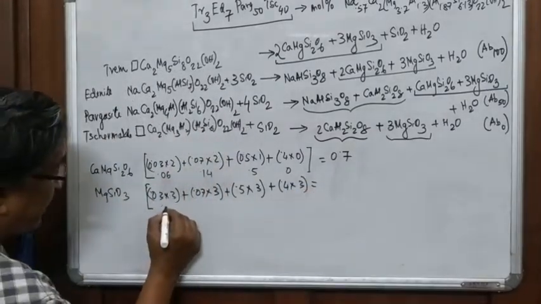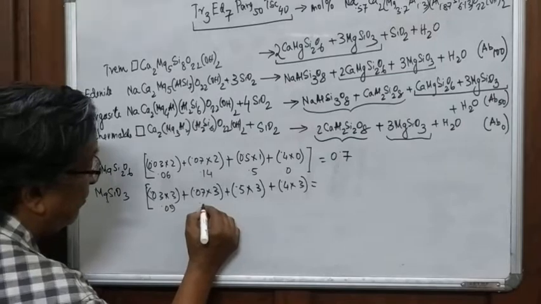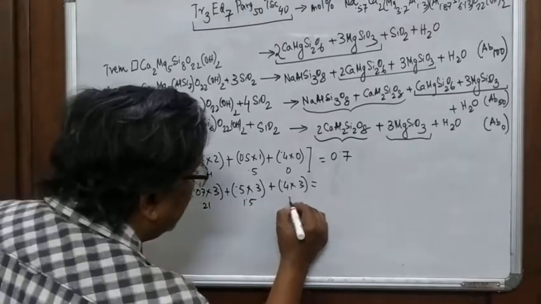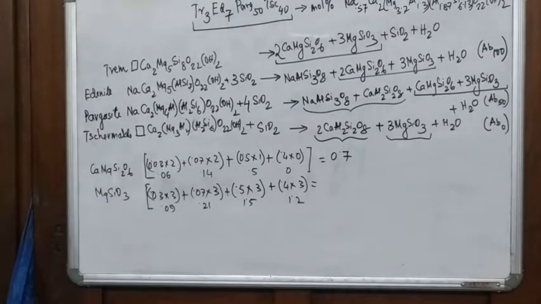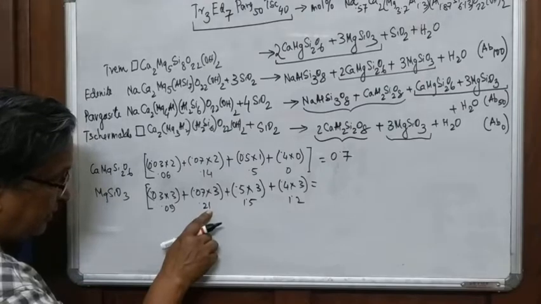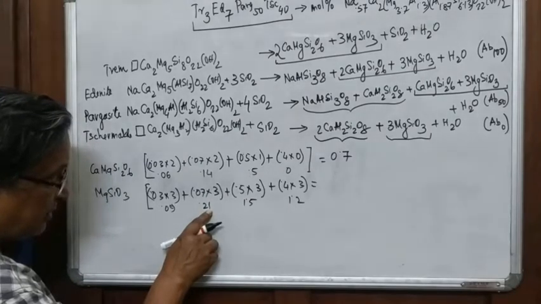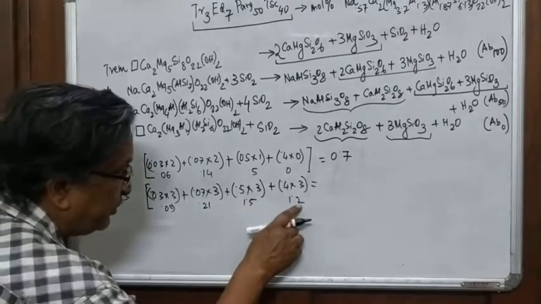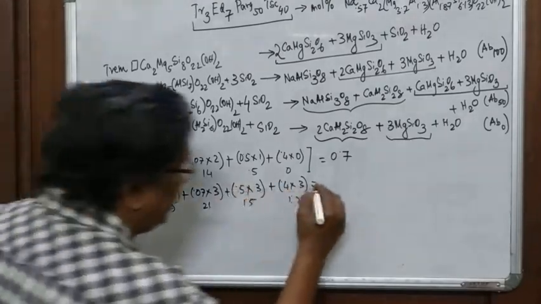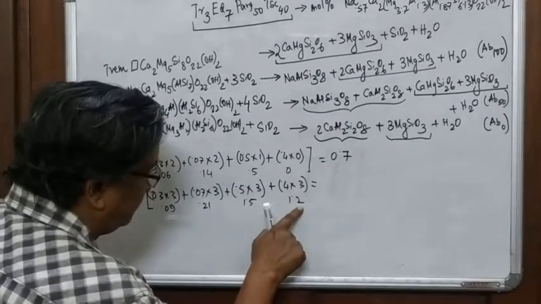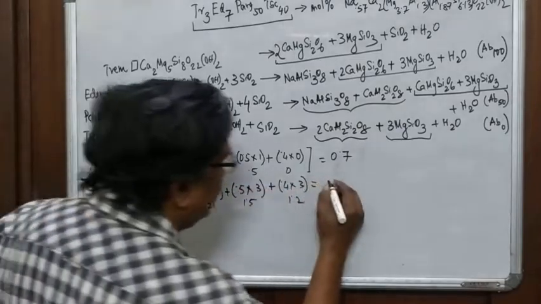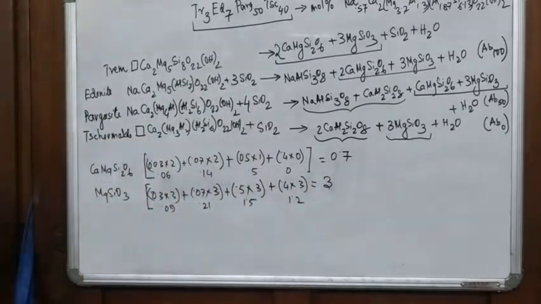So this should be 0.09, 0.21, 1.5 and 1.2. So 1.5 plus 1.2 is 2.7, and altogether it is 2.91, and this should be equal to 3.